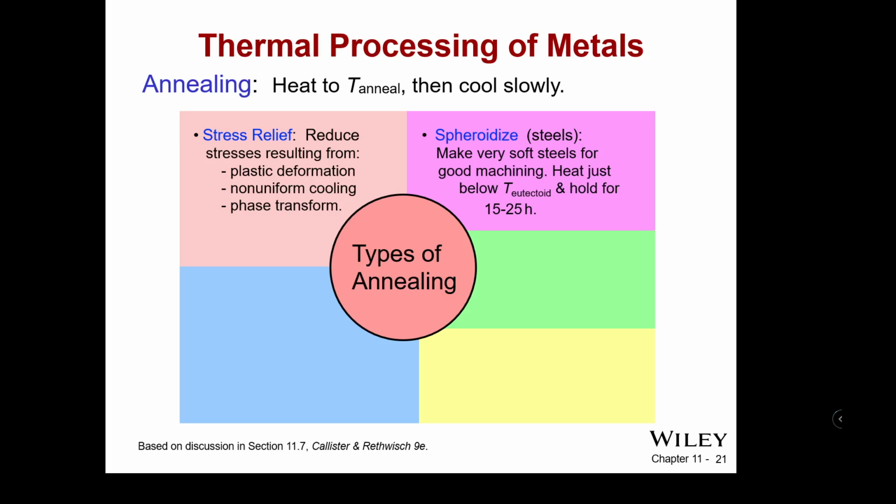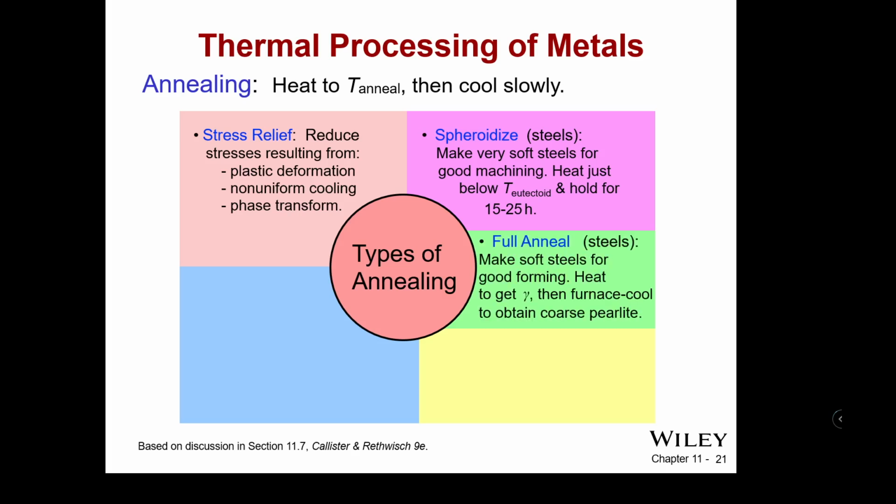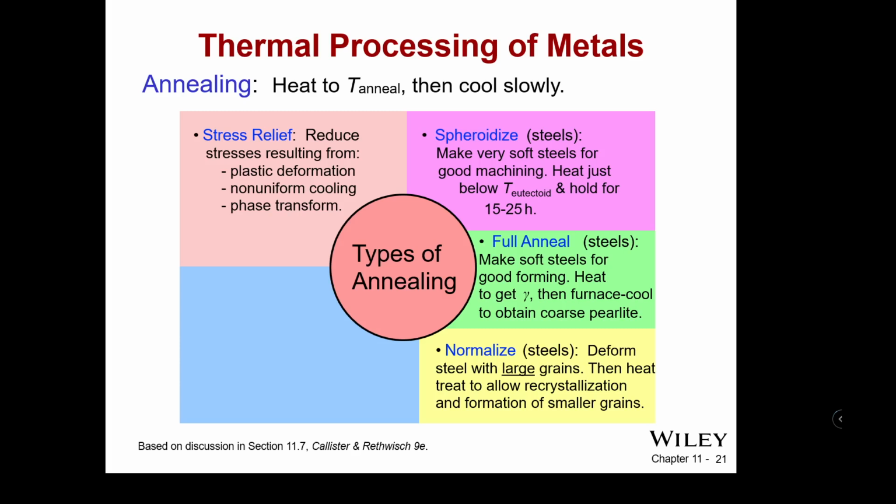Spheroidizing steels makes it soft and good for machining. Heat treating just before the eutectoid held for very long time frames, 15 to 25 hours. Full annealing makes steels good for forming, so heating to get to austenite, and then furnace cool to obtain coarse pearlite to get a full anneal.